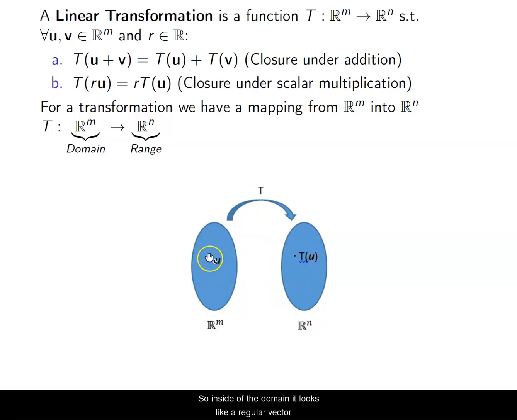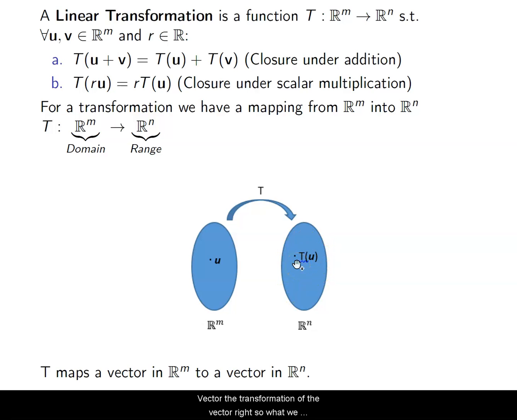So inside of the domain, it looks like a regular vector, and inside of the range, it looks like the transformed vector, the transformation of the vector, right? So what we like to say is that T maps a vector in Rm to a vector in Rn. It takes something from our domain and it sends it to our range.